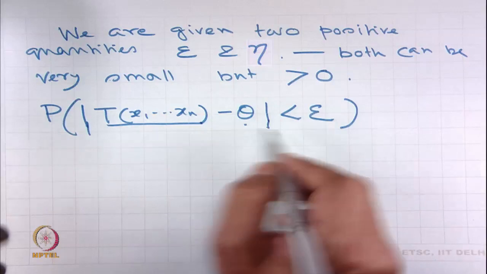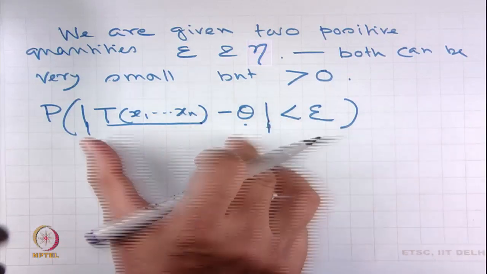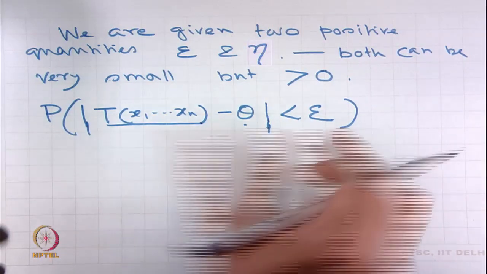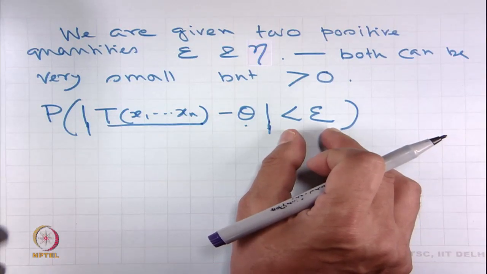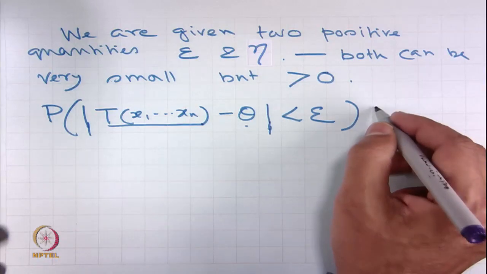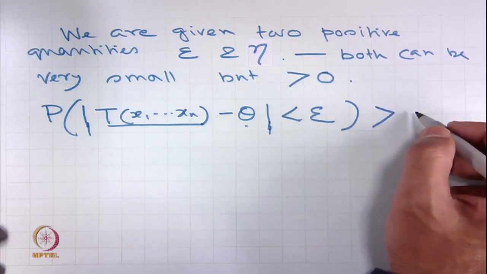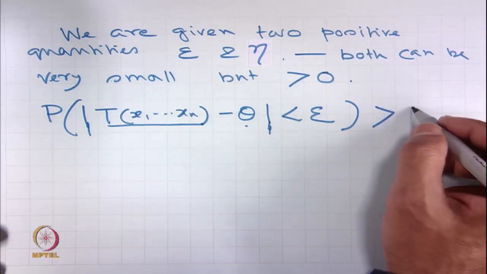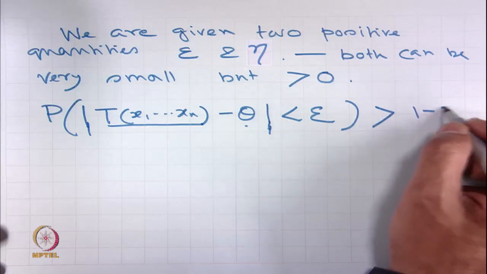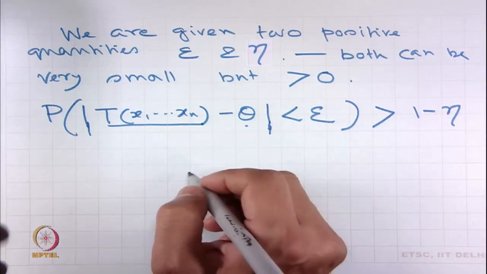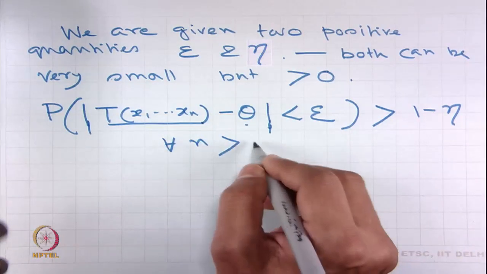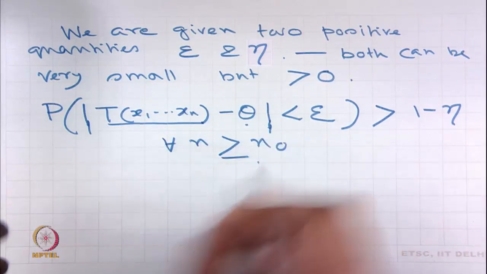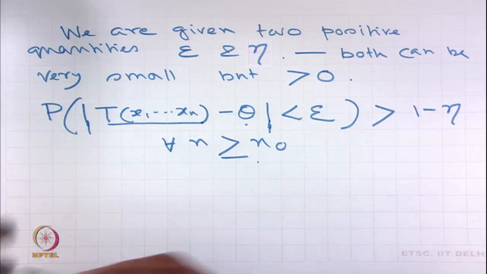How much close? That the absolute difference between them is less than epsilon. That probability can be made arbitrarily large, that is greater than or equal to 1 minus eta for all n greater than n naught.